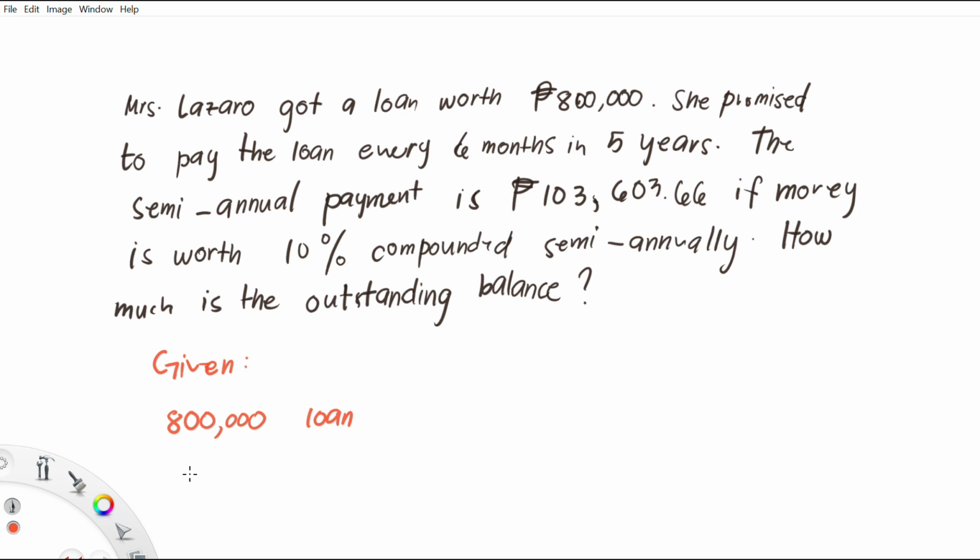Because it's every 6 months, we know that the regular payment is semi-annual, so we have m equals 2. And the period is in years, which is 5 years. So we have our n, the number of payments, equal to m times t, 2 times 5, which is 10.